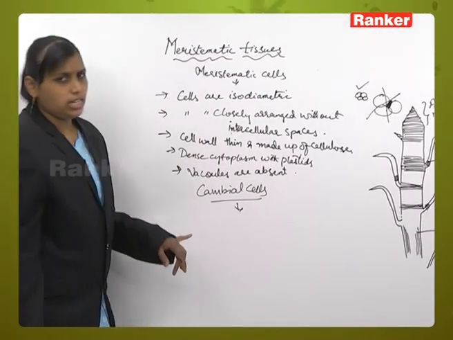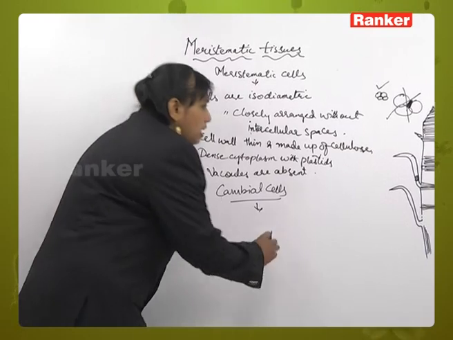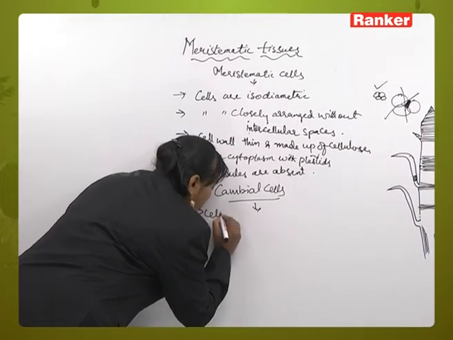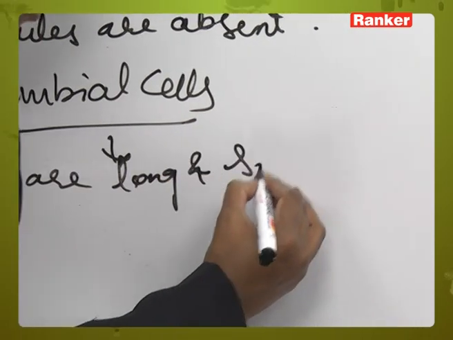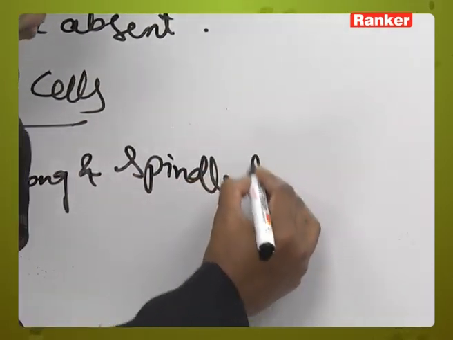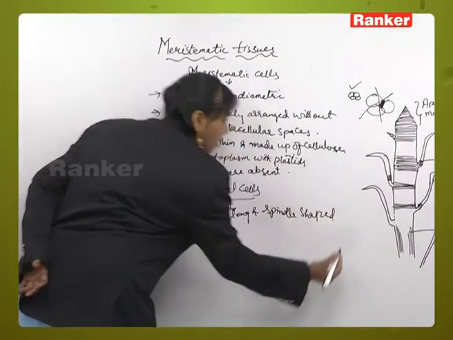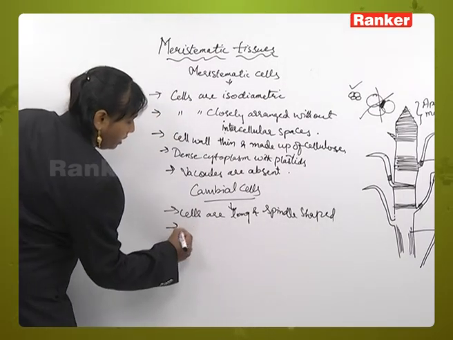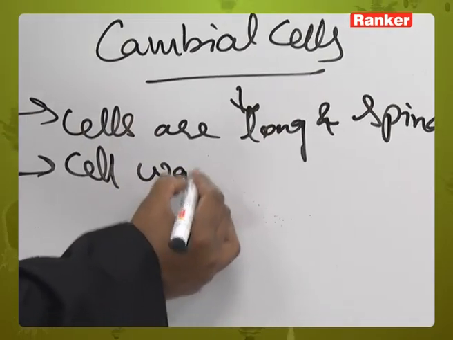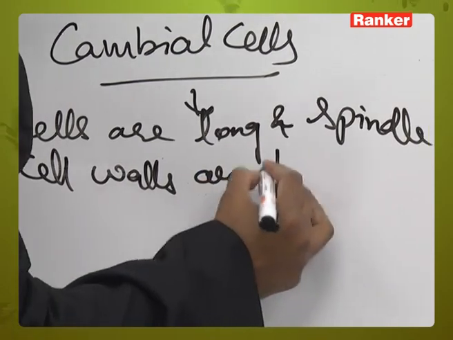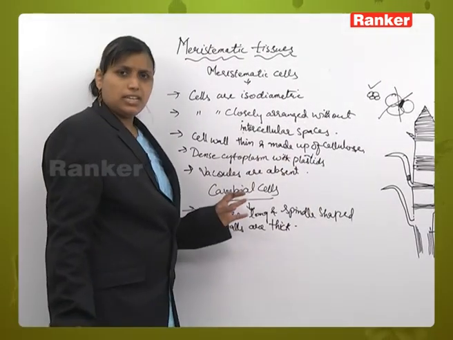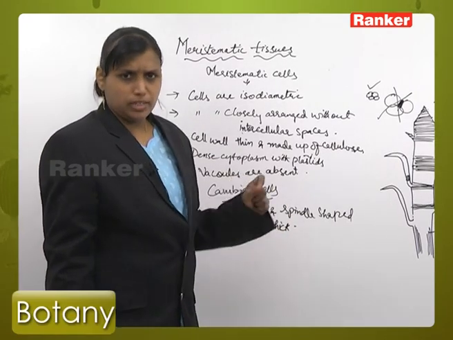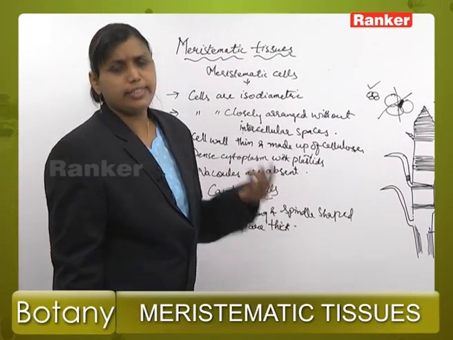So what will be the characteristics of cambial cells? Here these cells will be long and spindle shaped. Here the cell wall will be thick. So the cambial cell also shows a continuous state of multiplication or division of cells, which leads to secondary growth.